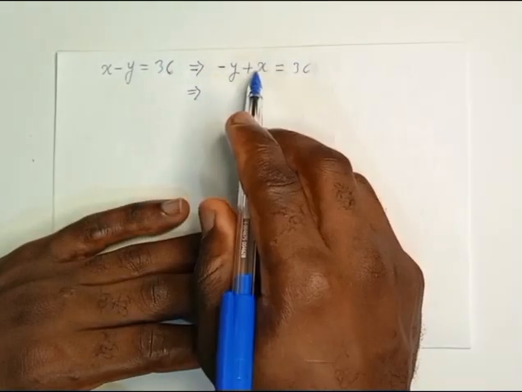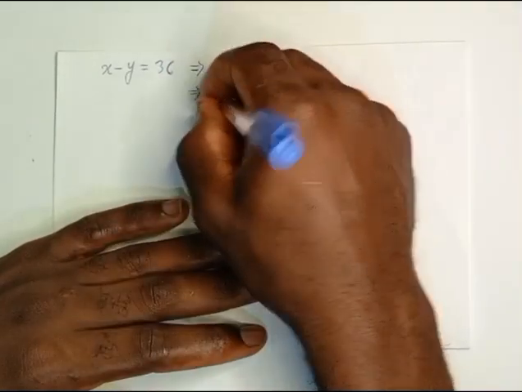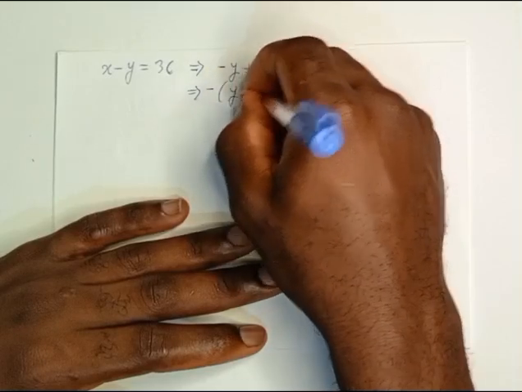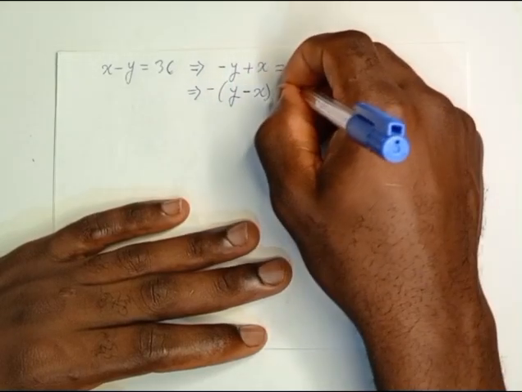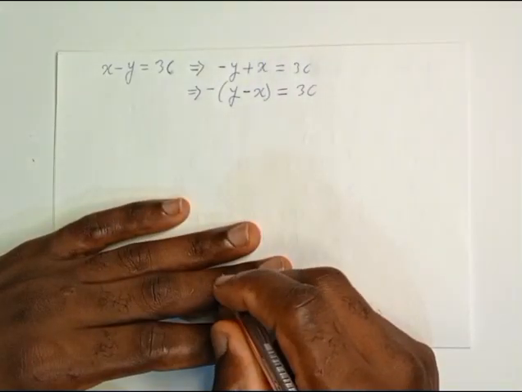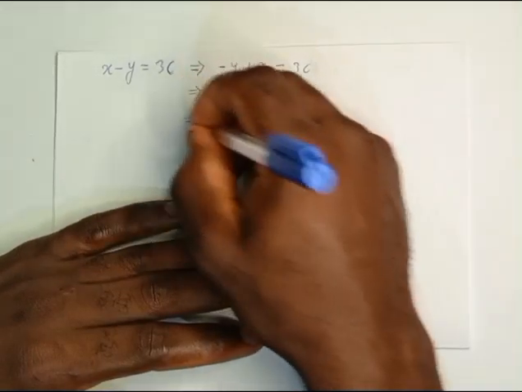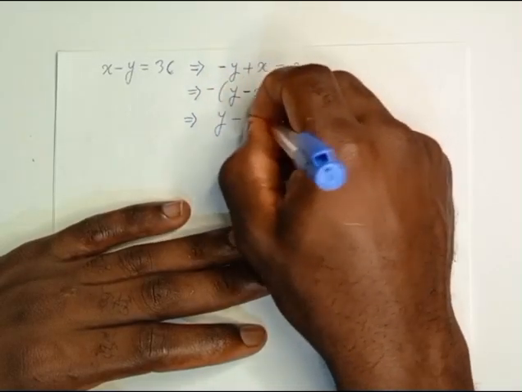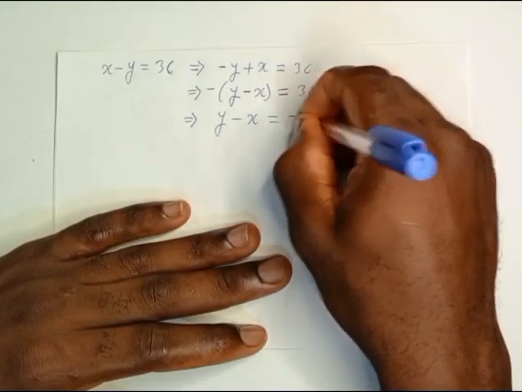Then if we factor out negative 1, times y gives negative y, negative 1 times negative x gives us x, and this will equal 3c. This will imply that if we multiply both sides by negative 1, y minus x will be equal to negative 3 times c.